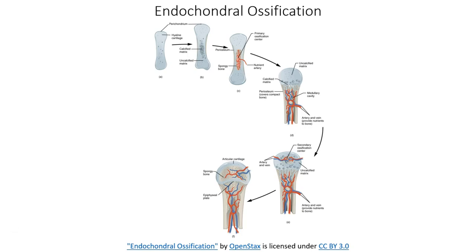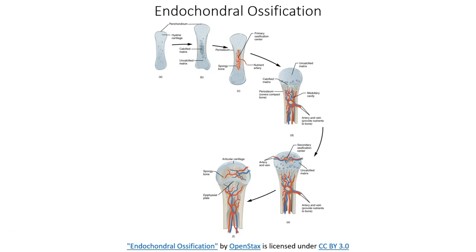All right, but the cartilage gives a template that is slowly broken down by the bone cells as they are building that bony tissue. So it's still using it as a framework, but it's also destroying the cartilage in the process. Endochondral ossification is going to take much, much longer than intramembranous ossification does.